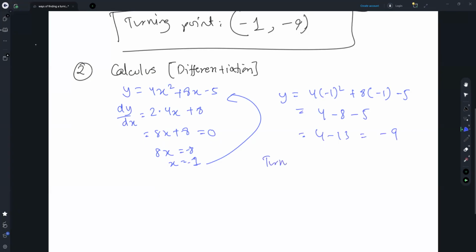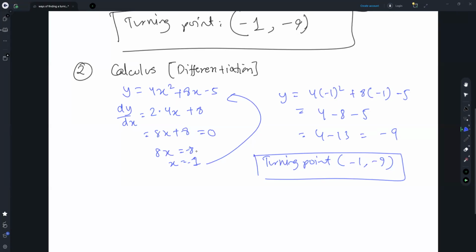So the turning point is minus 1, minus 9. So this is the way we find the turning point using calculus.